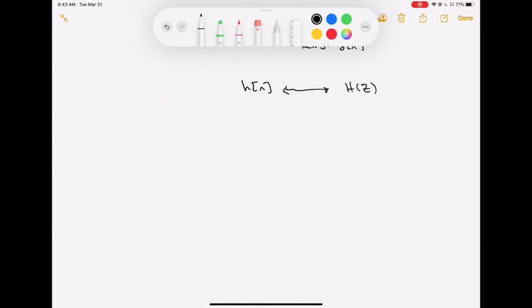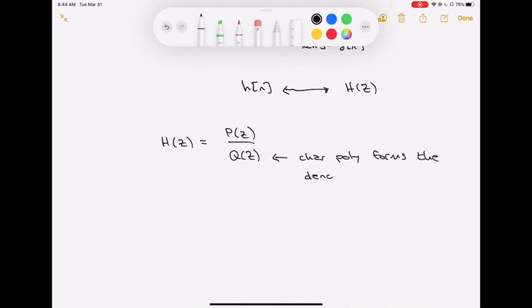Let's also remind ourselves that the transfer function has an explicit dependence on things like my characteristic polynomial Q of z. We see there our characteristic polynomial forms the denominator of H of z.